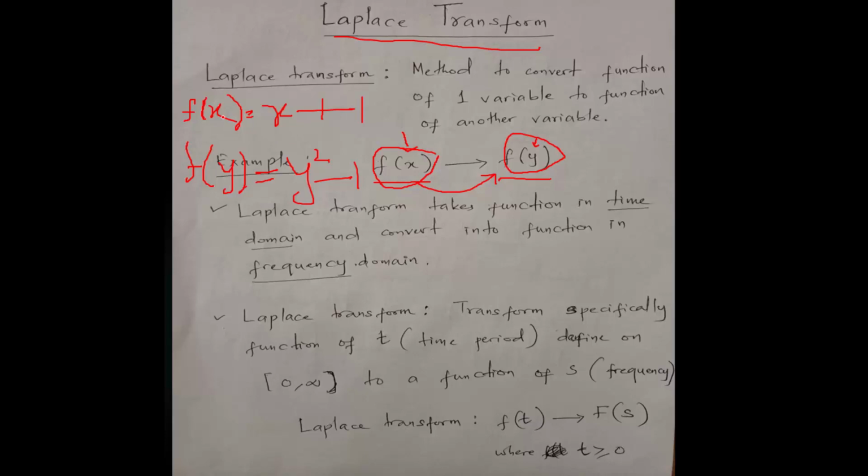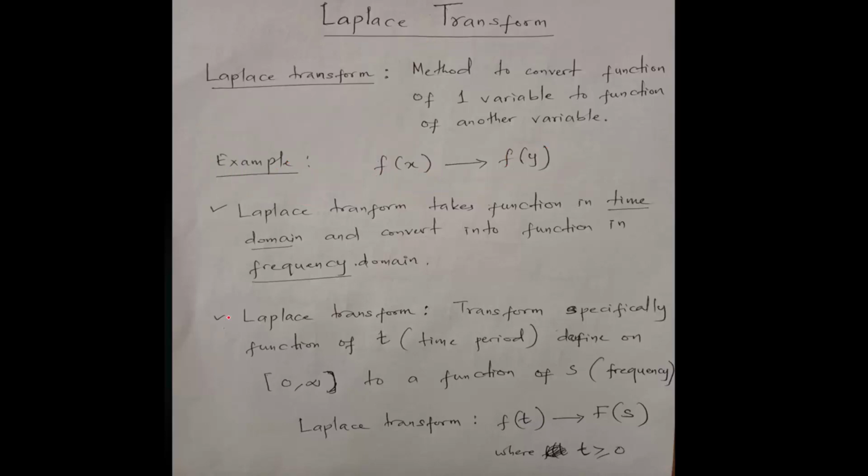If you look at these two functions, first one is a function of x and the second one is a function of y, and these two are totally different functions. So what we can do using Laplace transform is, a function of variable x I can convert to a function of variable y using Laplace transform formulae. So that is the purpose of Laplace transform.